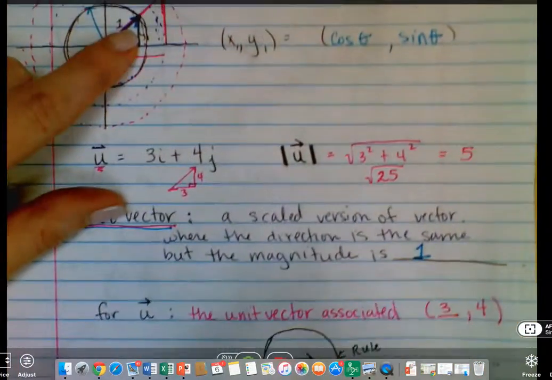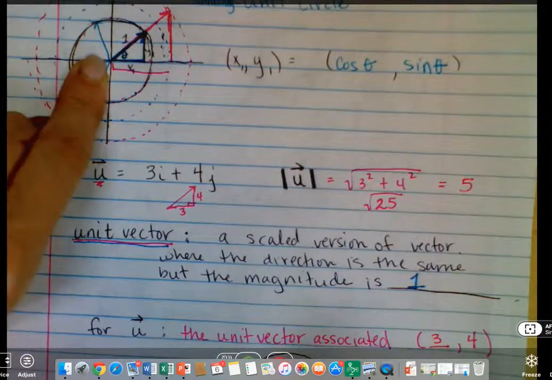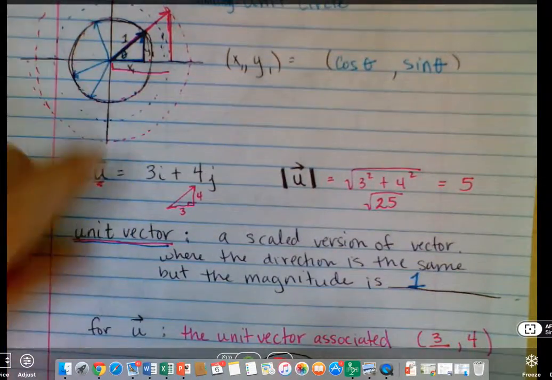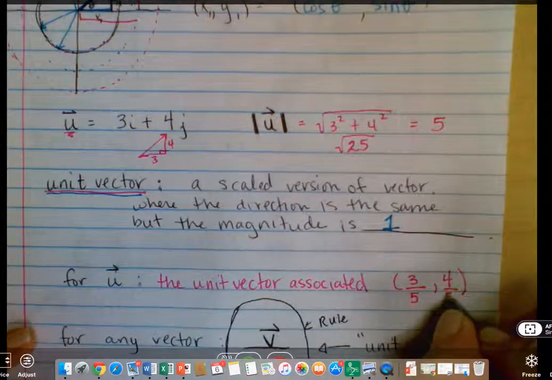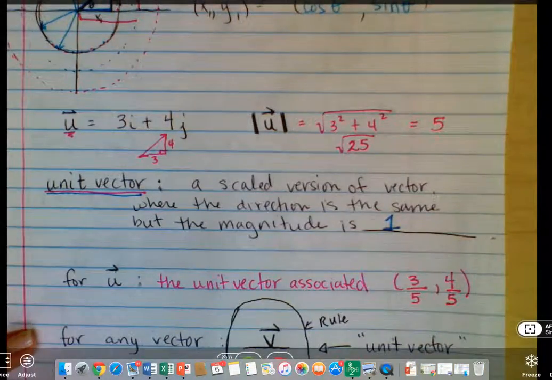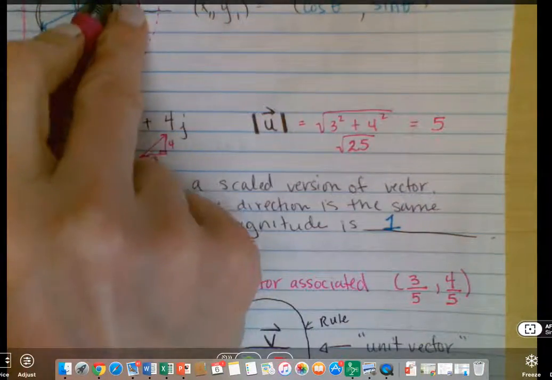So if I'm going from a length of 5 to a length of 1, then I'm scaling down. I'm multiplying by 1/5 or dividing by 5. So I'm going to take each component and do the same thing. I'm going to scale it down by a factor that is the magnitude.